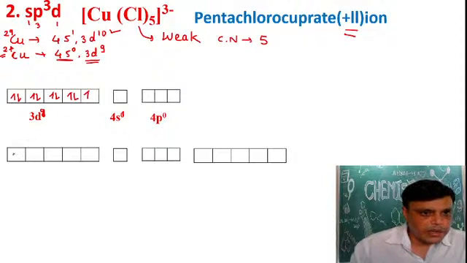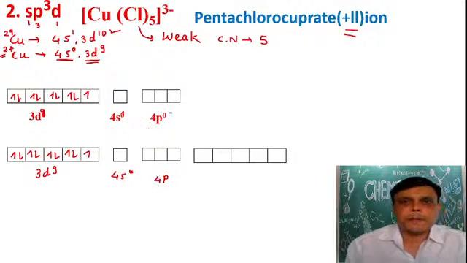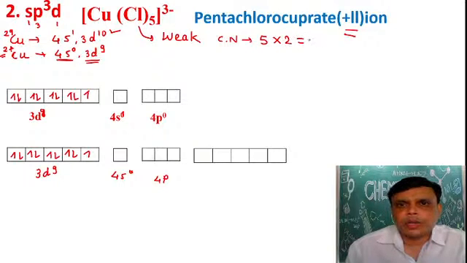So here I will write 1, 2, 3, 4, 5, 6, 7, 8, 9 electrons in 3d, 4s 0 and 4p. Total how many electrons will we have? 5 into 2, 10 electrons.